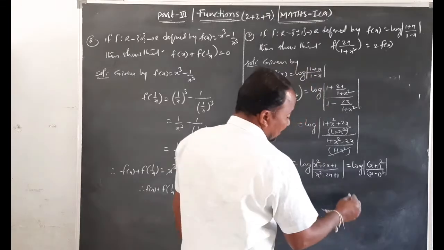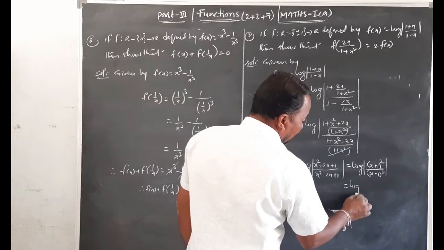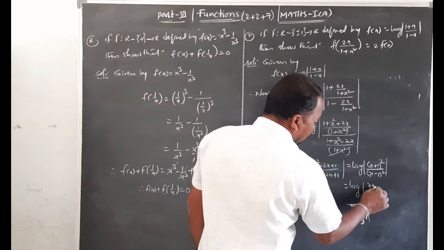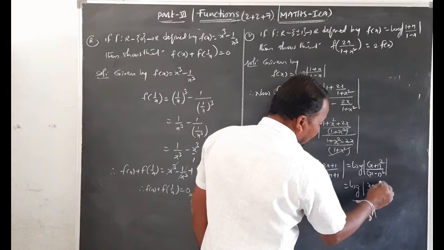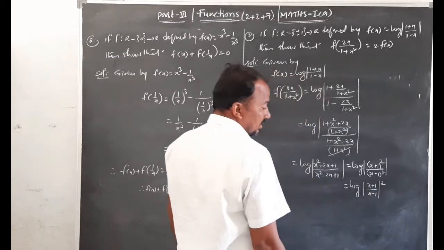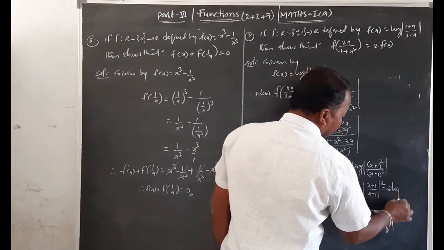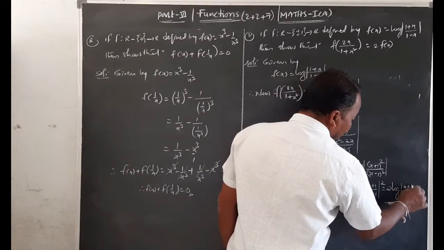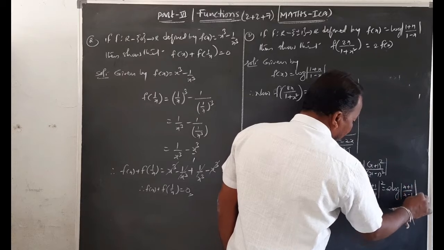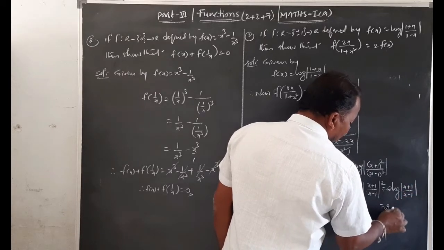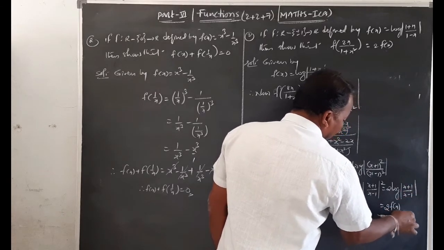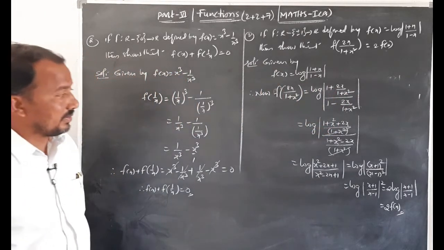We can write this as 2 log of mod (x plus 1 by x minus 1), which equals 2 into f of x.